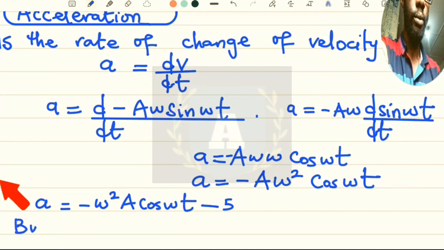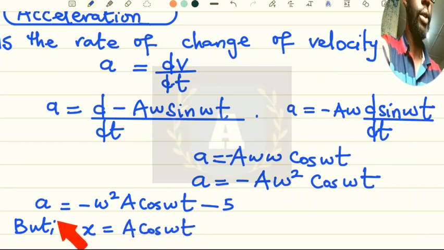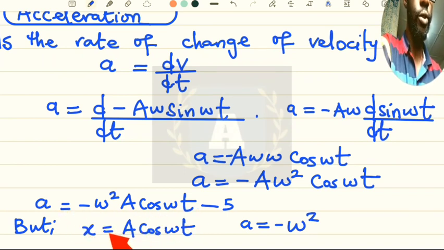But we learned that horizontal displacement is equal to a cos omega t. So we can substitute this in this equation, and that will now give us our acceleration to be equal to minus omega squared, and instead of writing a cos omega t, you substitute x.